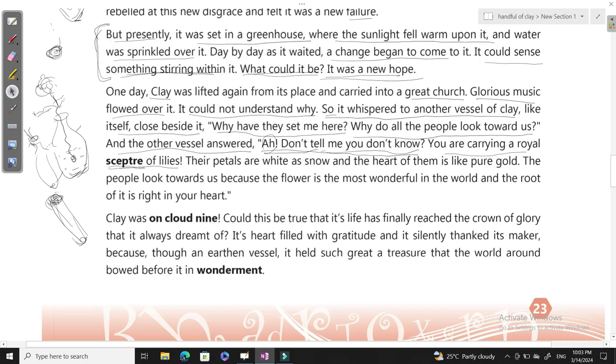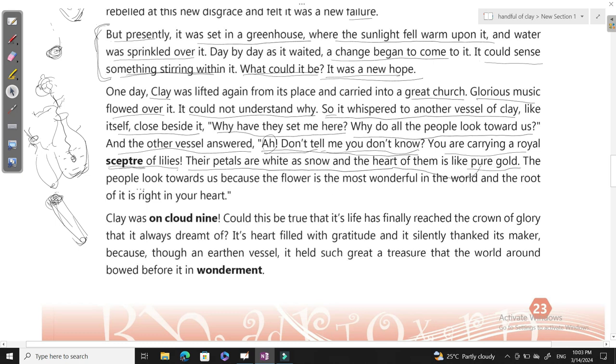सो ये सेप्टर के ऊपर तेरे ऊपर जो लिलीज है, that would be offered to that scepter. राजा को आज तेरी लिलीज दी जाएगी या सेप्टर को तेरी लिलीज दी जाएगी. Their petals are white as snow and the heart of them is like pure gold of these lilies, and this will be offered to the scepter.